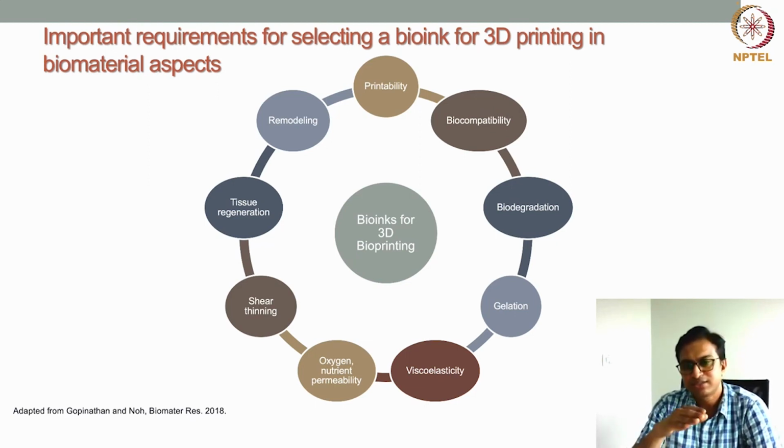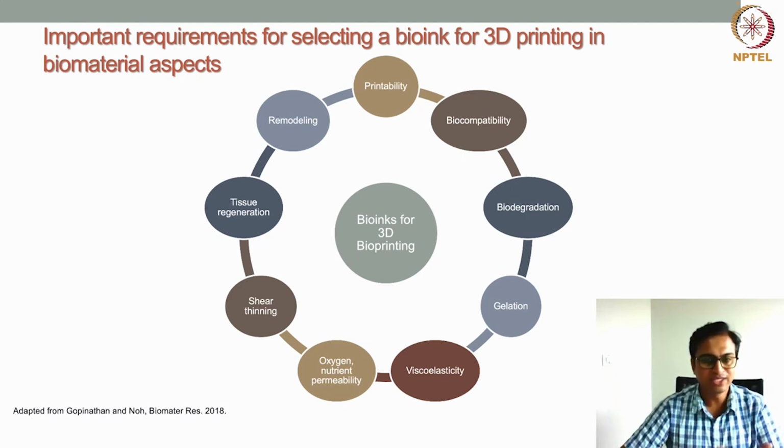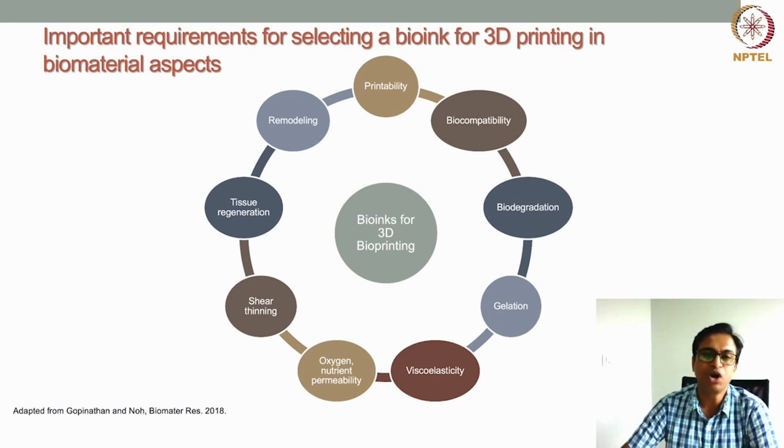The rate of degradation of the material and the production of ECM by the cells should match, so that the material allows the cells to remodel the tissue.